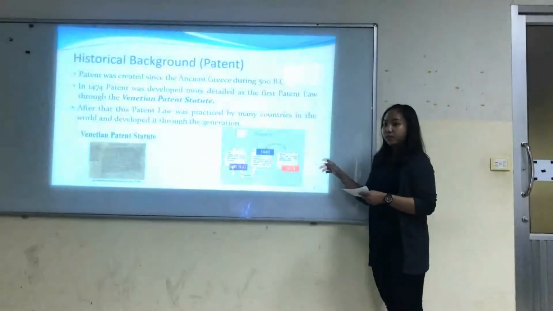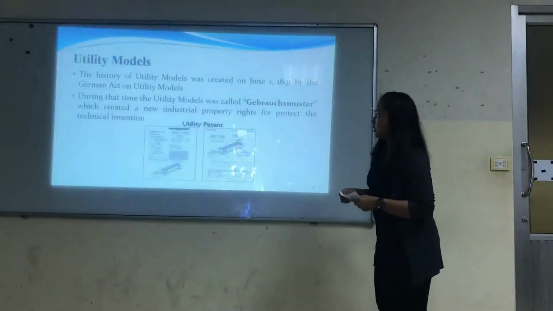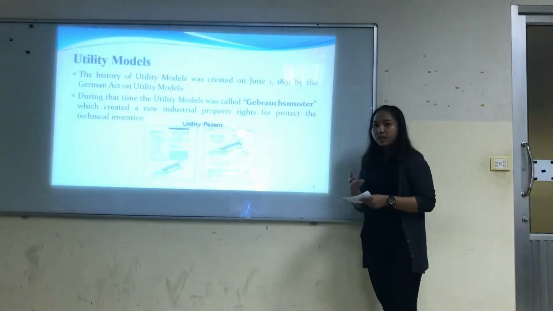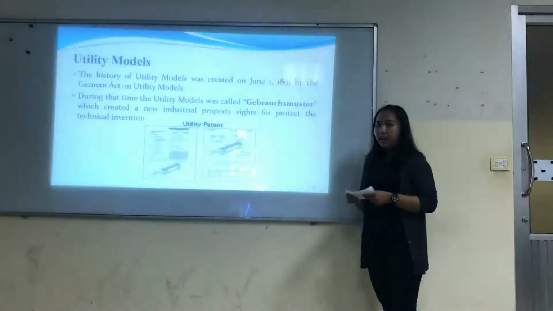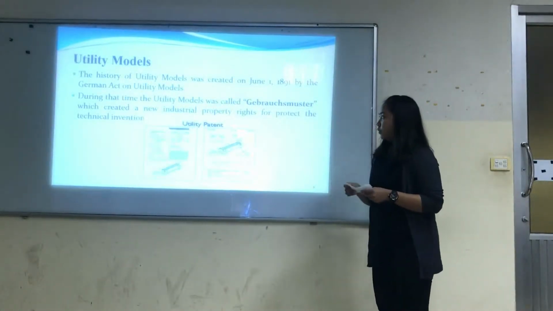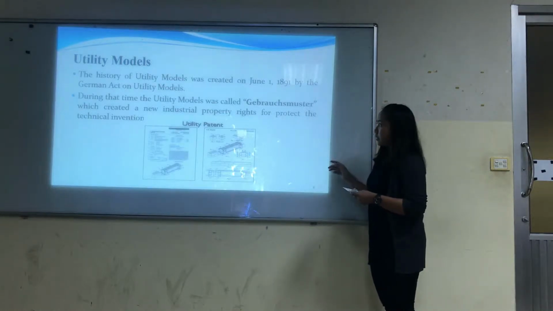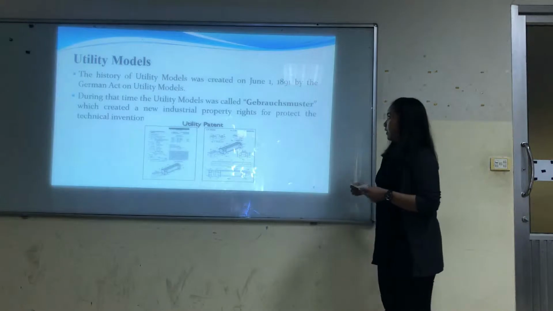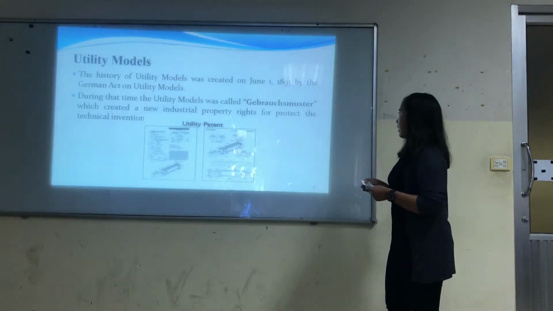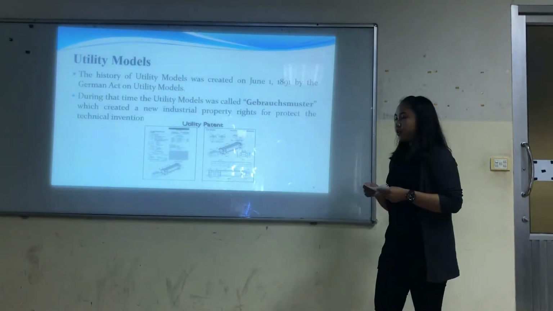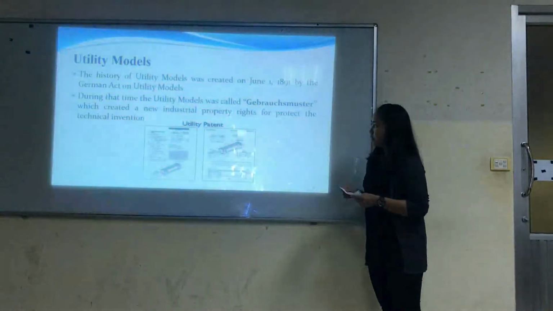So now let's move to the second one, which is called the utility model, which all of us know is a type of patent. Based on the research, the utility model was created on the 1st of June 1891 by the German Act on utility models.